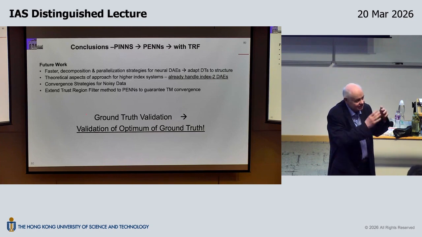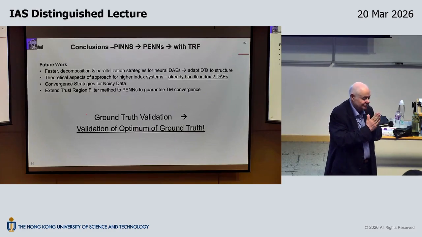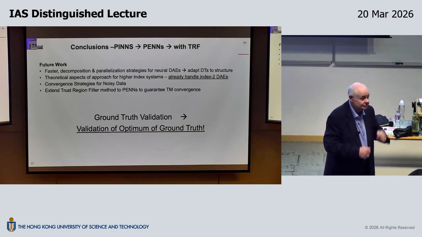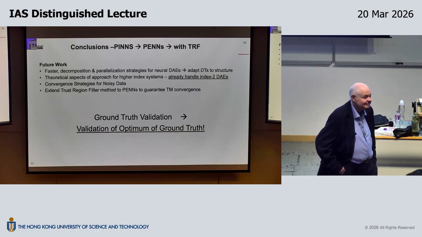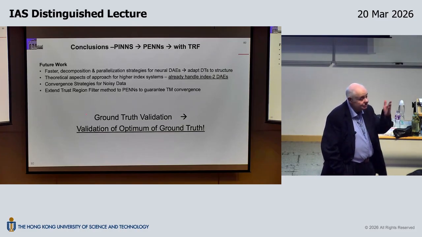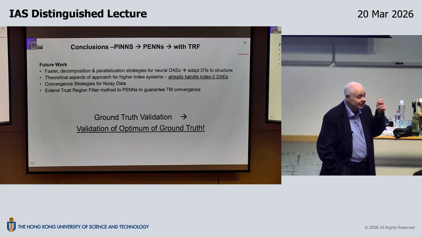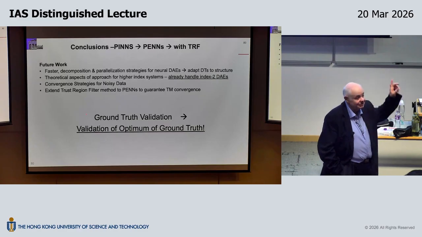Because of the assumption we make, the truth model has to be a smooth input-output map. It also means that with a zero trust region, the gradients match too. And that's how you make sure you are at the truth model optimum. Exactly. What you're doing is not wrong in terms of validating it. But if you want the optimum of the truth model, you have to go the extra mile.